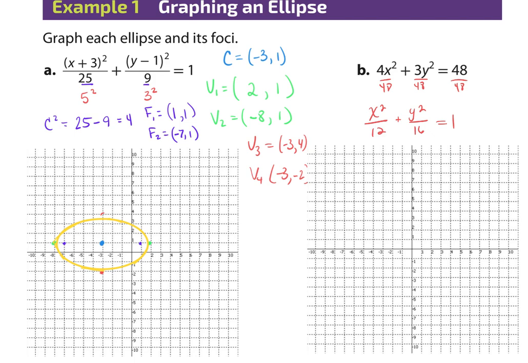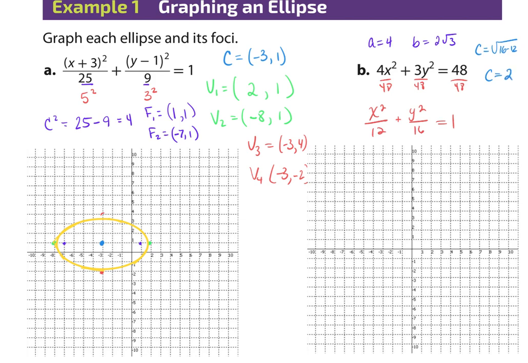And so that means that my a value is the square root of 16, so a equals 4. b is the square root of 12, so 2 square root of 3. And to find my c, I am going to subtract those two. So to find my c is going to be the square root of 16 minus 12, right? So my c value is 2, right?